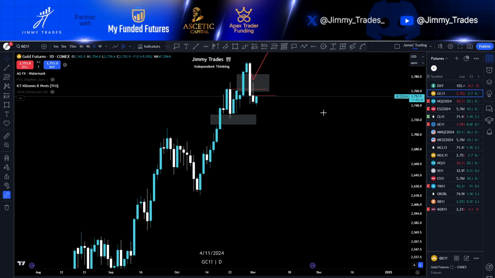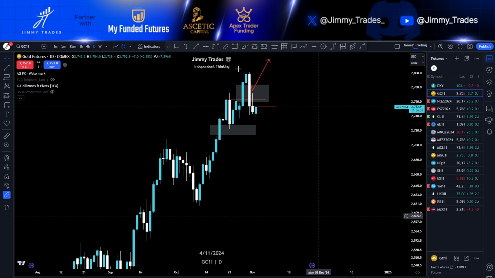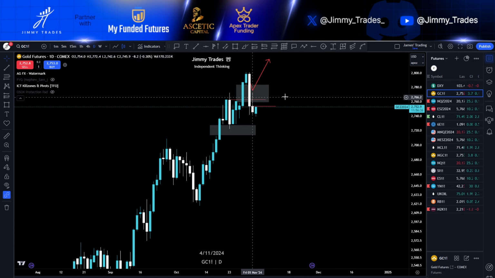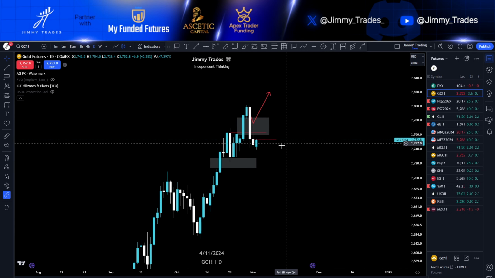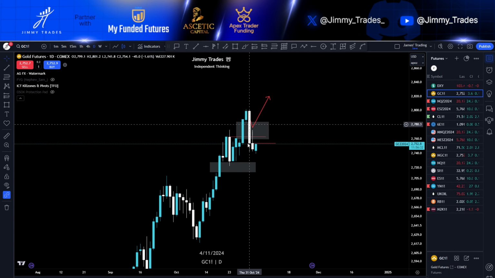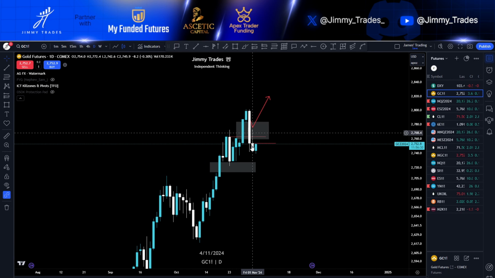So we were looking for gold to come back into this bullish FVG that was left, but we did get a close below that, and then price was unable to close back inside the FVG and has actually fallen lower.